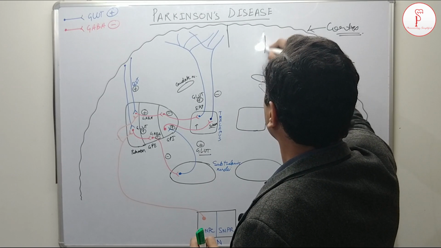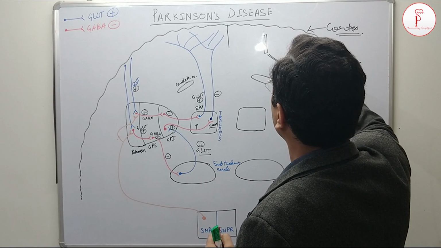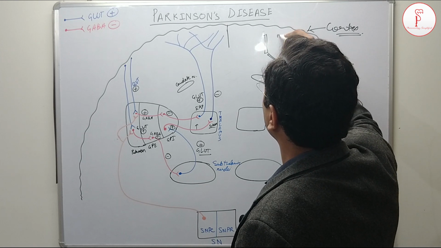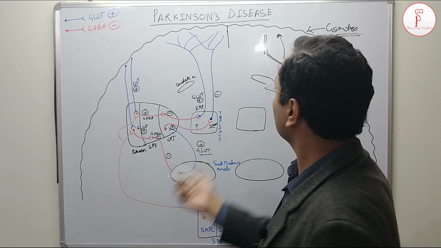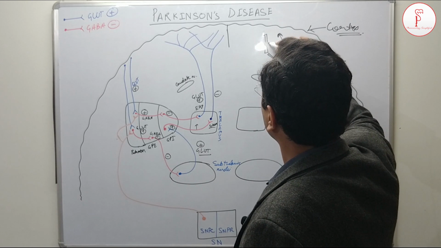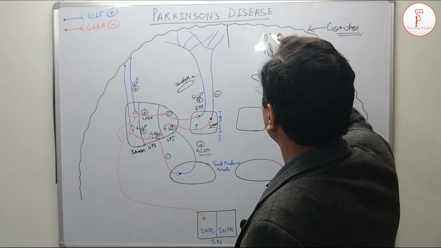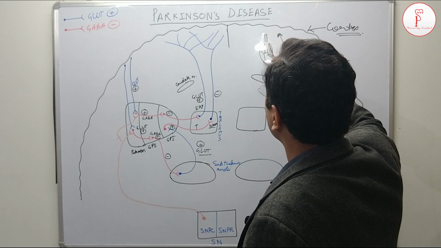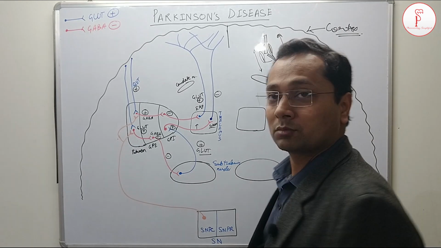For example, this is your humerus, and these are your radius and ulna, right? For generating this movement, it is necessary that your biceps muscle has to contract, and along with that your triceps muscle has to relax.